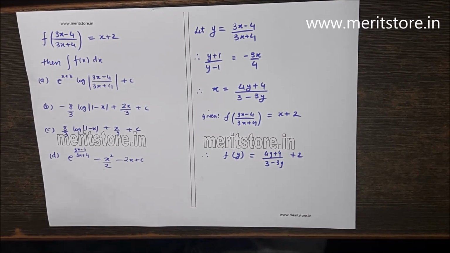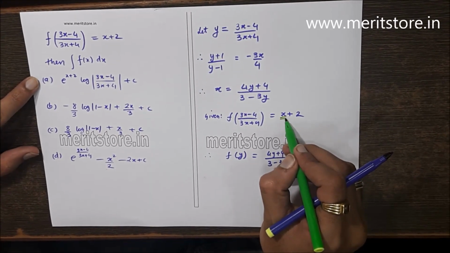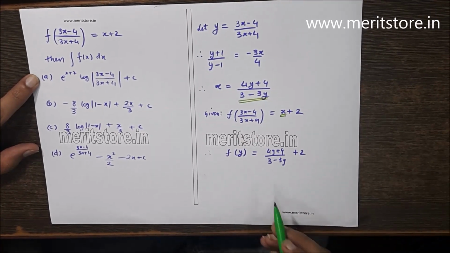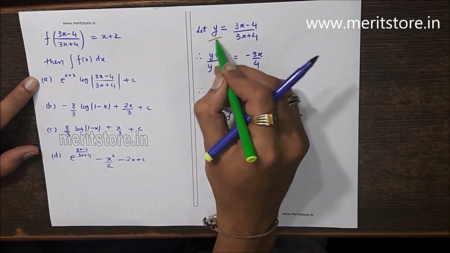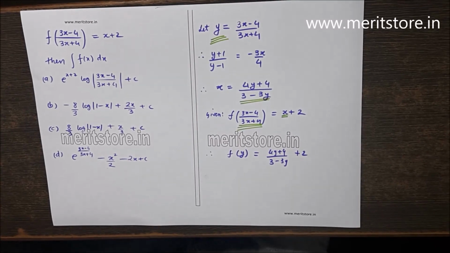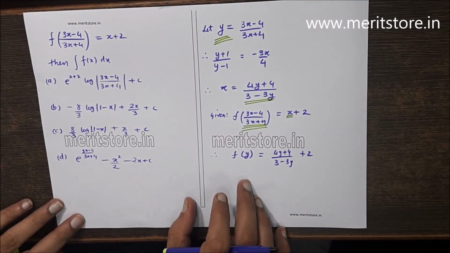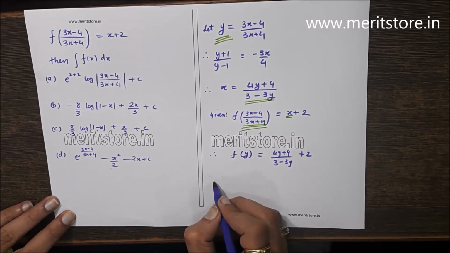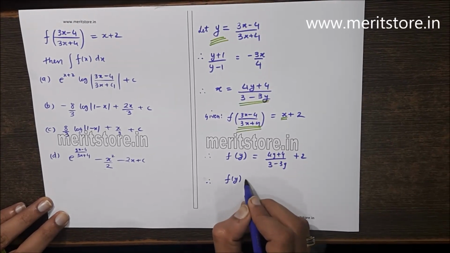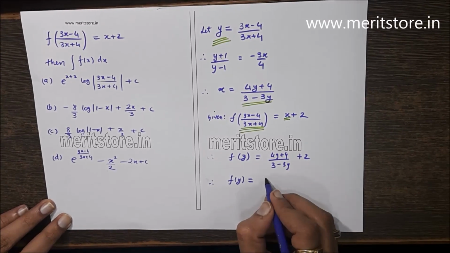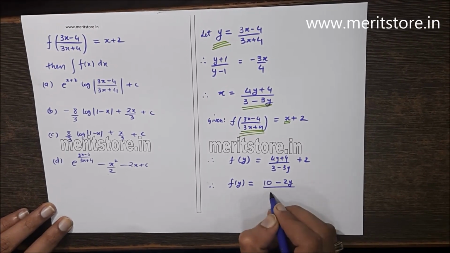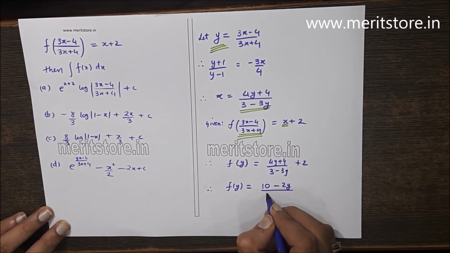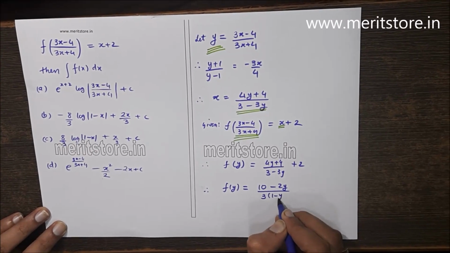What I am simply doing is, in place of x, I am substituting its value, and in place of 3x minus 4 upon 3x plus 4, I am substituting the value of y. On simplification, I'll get my f of y equals 10 minus 2y upon 3 into 1 minus y.